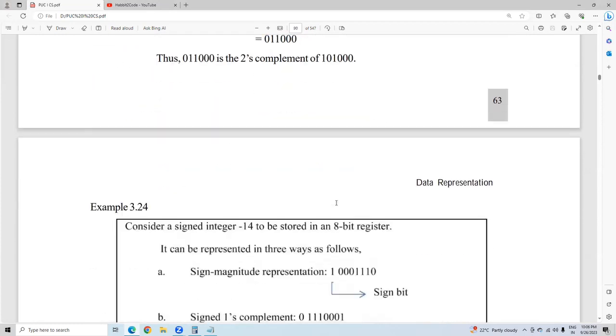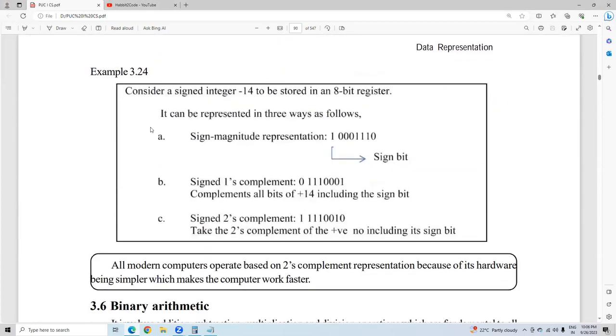Right. So consider a signed integer minus 14 to be stored in an 8-bit register. How is it going to be? First, 8 bits means totally 8 boxes. The first bit is reserved for sign. It's a minus sign, so the sign bit is 1. 14's equivalent binary digits are shown here.